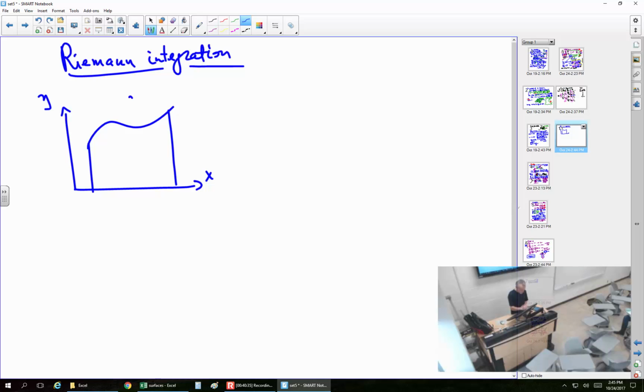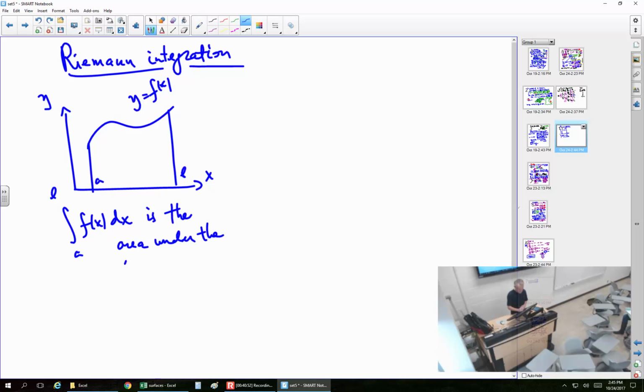The integral, so y equals f of x, the integral of f(x) dx from a to b is the area under the graph y equals f of x. Now we are in a similar place, except now we don't have a plane anymore.